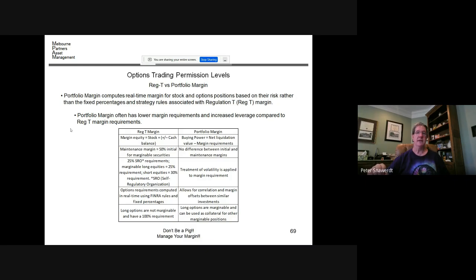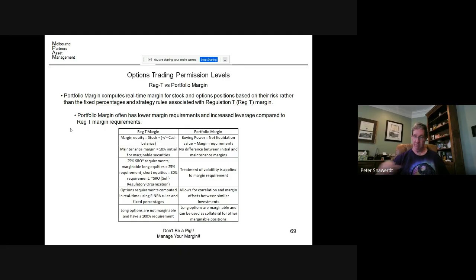And those two things margin against each other in a portfolio margin account. At the same time, I can be short puts at one expiration and long puts at a different expiration, and those two margin against each other. So portfolio margin is computed based upon what your portfolio contains.